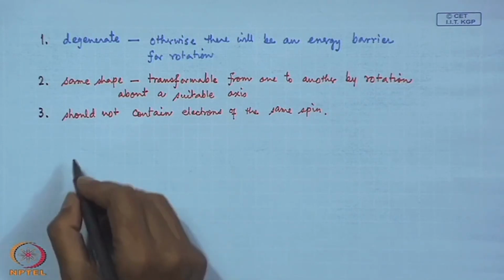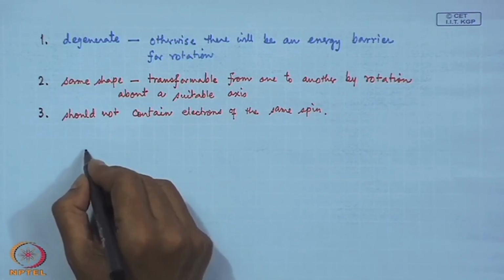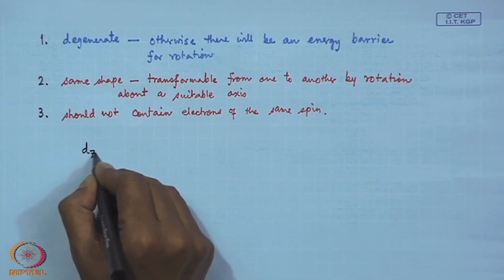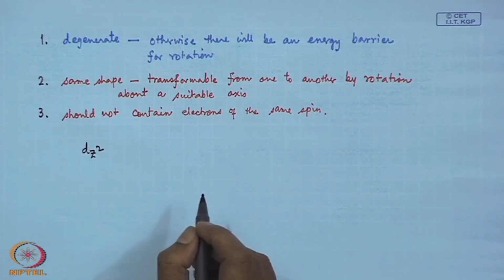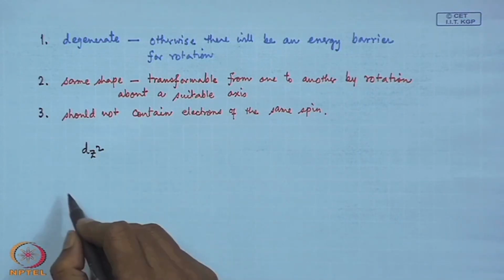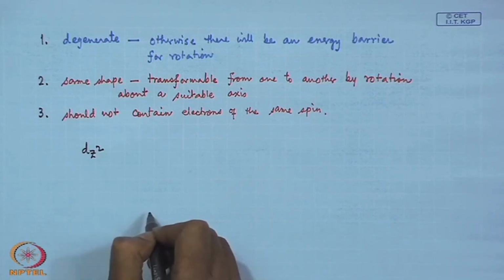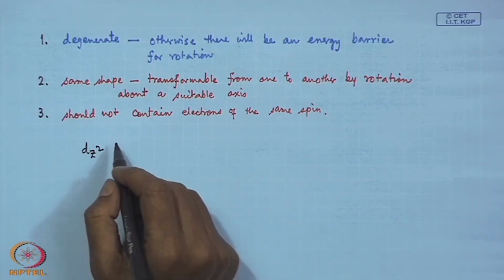So, this is how we can apply it. We just see that if we have the dz square orbital, the t2g level of orbitals and the dx square minus y square orbital.